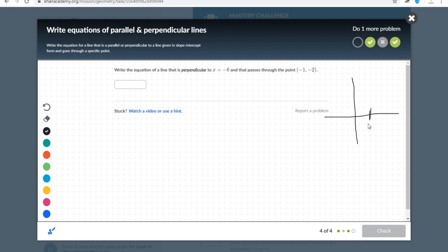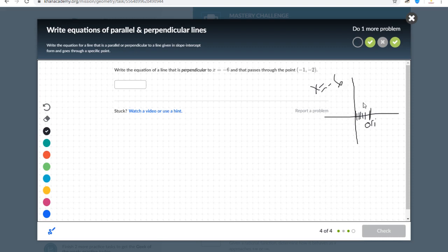So let's call this the origin, so the middle of a plane. So 1, 2, 3, 4, 5, and then 6. X equals negative 6, that would be this entire line going straight up and down.